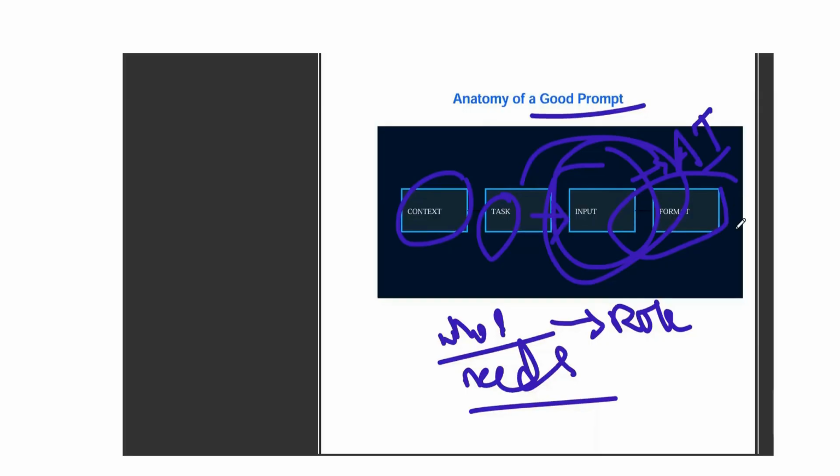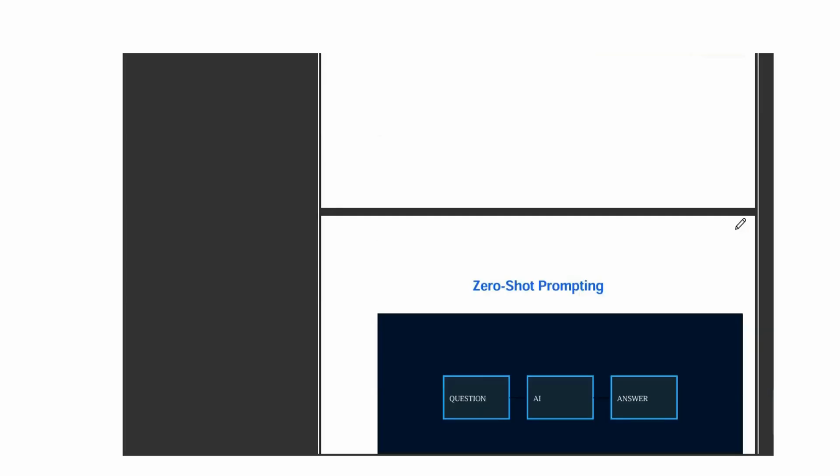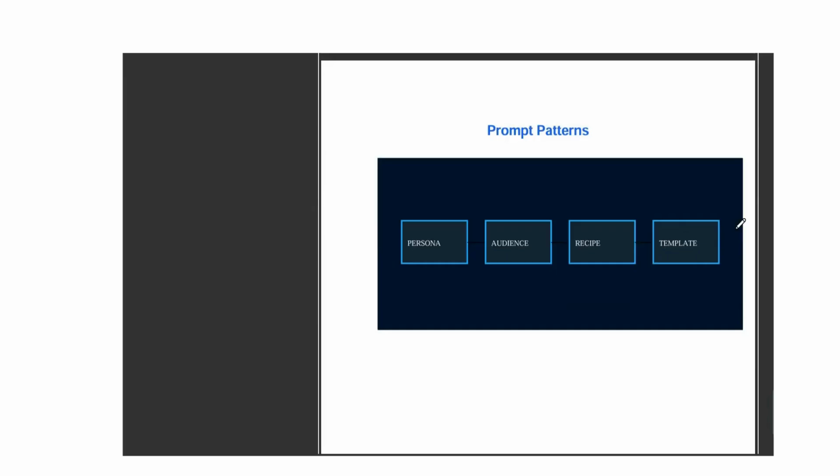And so now let's look at some really useful prompting techniques. The first one is persona prompting. The idea here is very simple. Instead of directly asking a question, you give a role to the AI.